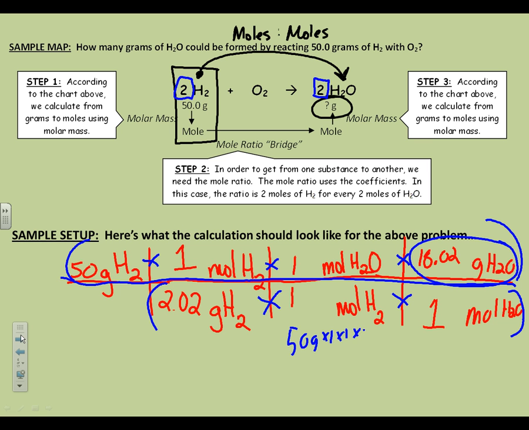And that will give me the number of grams of water that I can produce if I start with 50 grams of hydrogen gas. And that value is 446 grams.